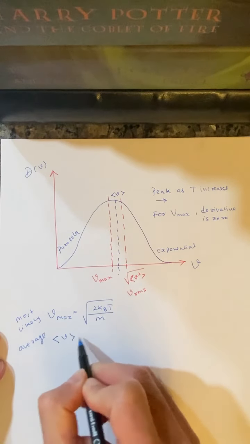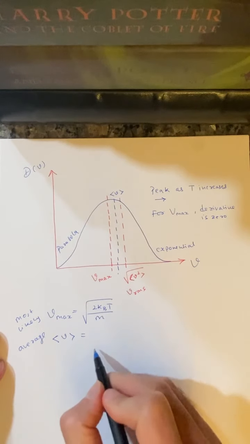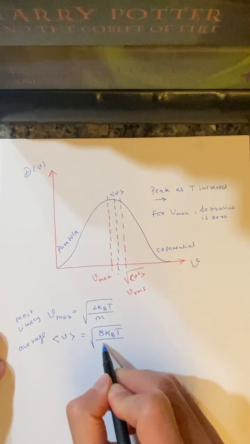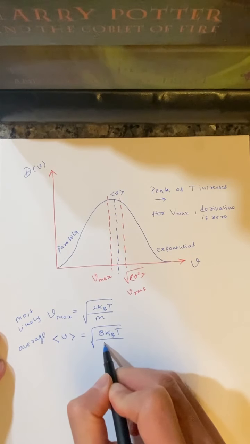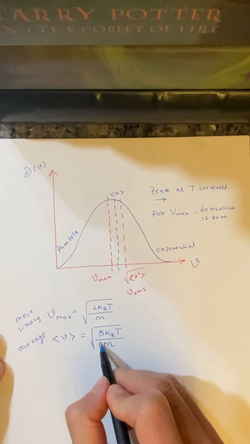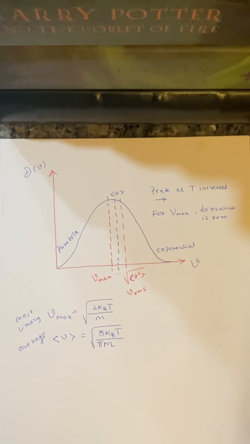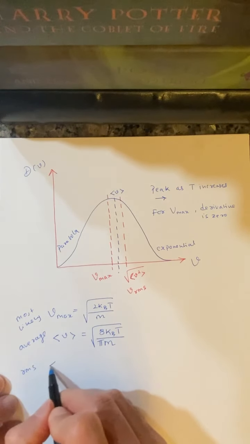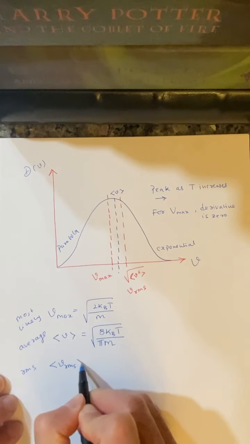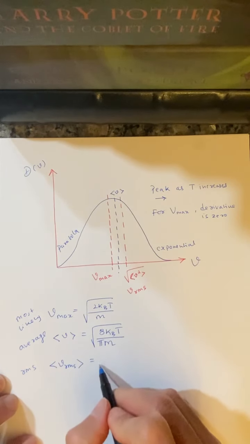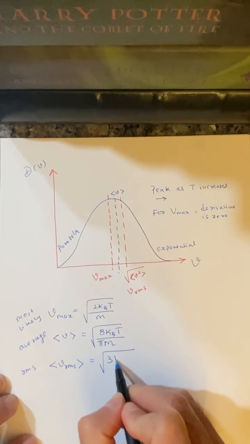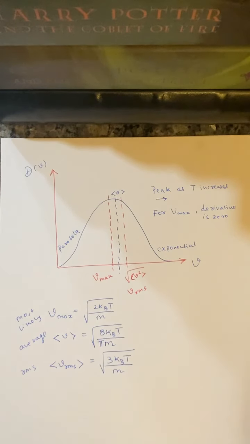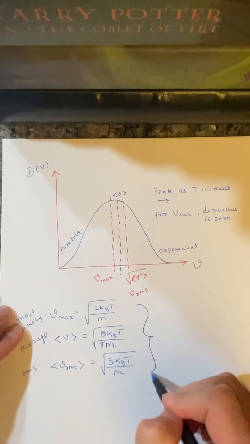V is equal to the square root of 8 kBT over M. I believe there's a pi here. I could be off. And the last one is RMS, which is equal to the square root of 3 kBT over M. You're going to try to find this in homework.